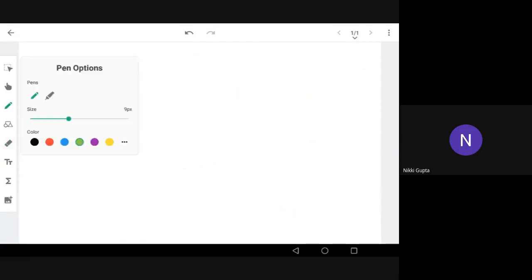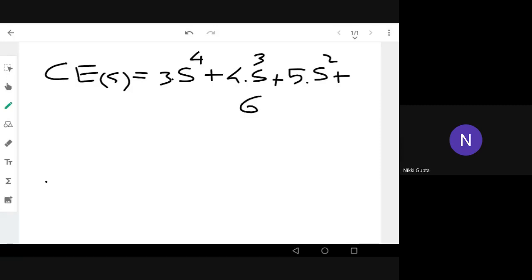You can try that. The characteristic equation, for example, I have is 3s raised to 4 plus 4s cube plus 5s squared plus 6s plus 7.